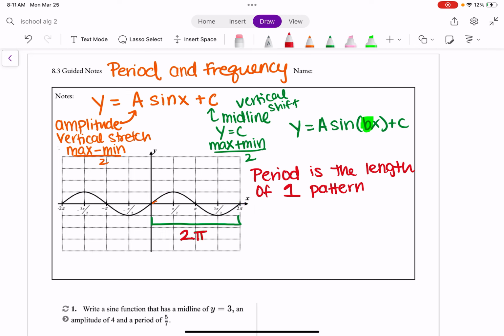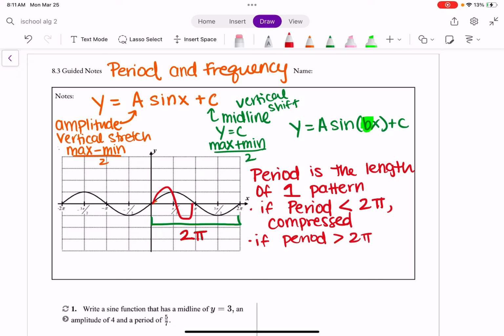So we can write that. If the period is less than 2 pi, that means it's like this. That means it's compressed or squished. If the period is larger than 2 pi, that means it's been stretched out.